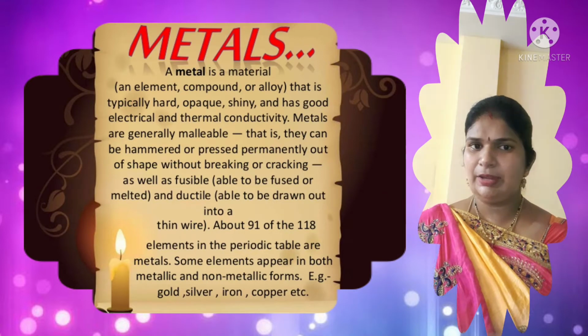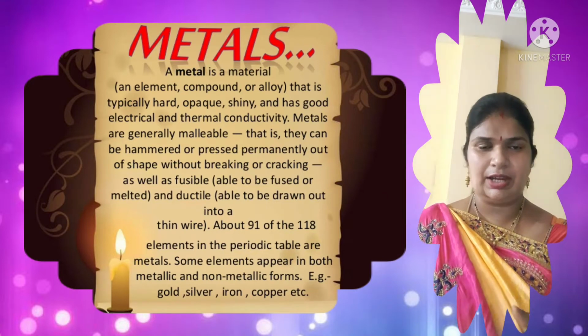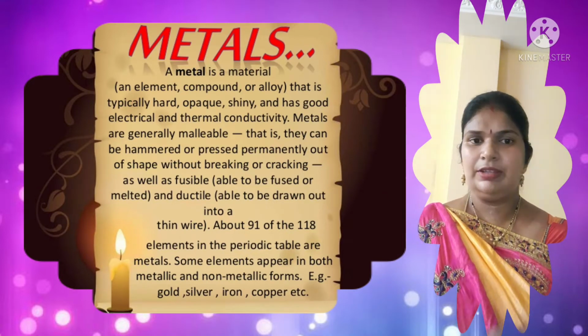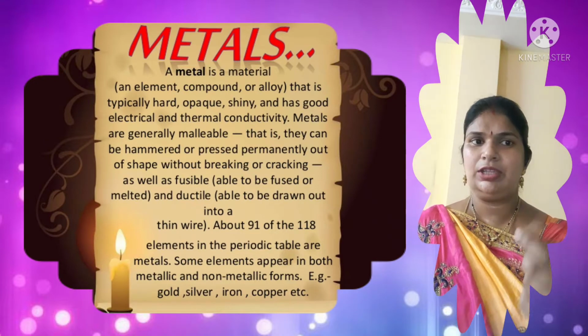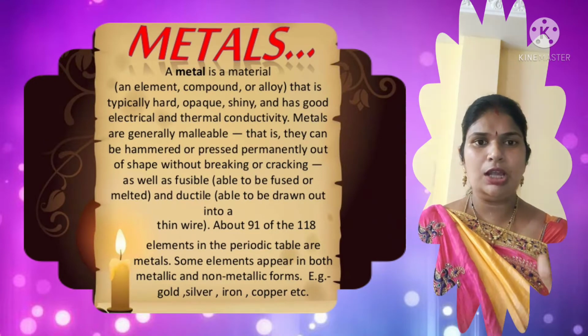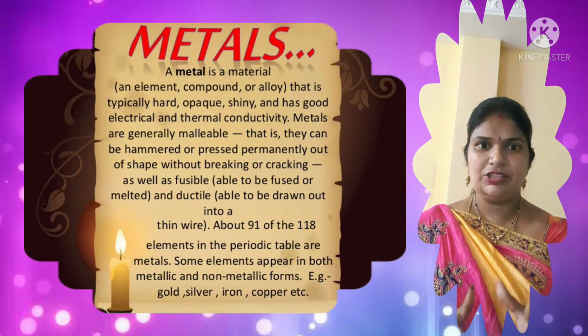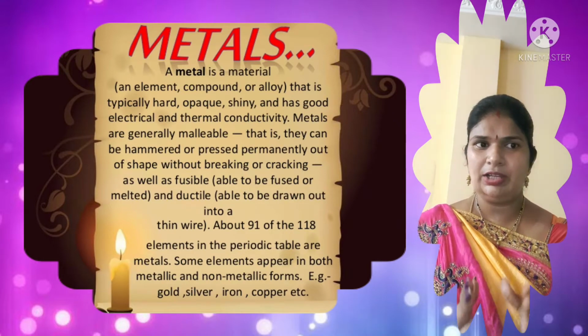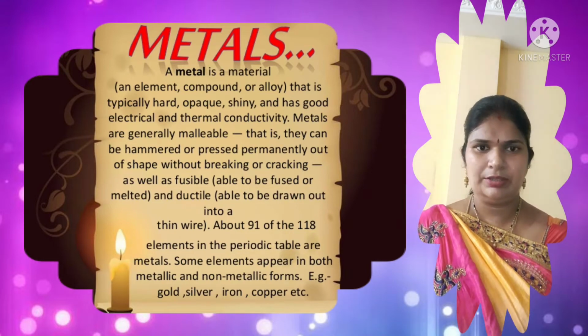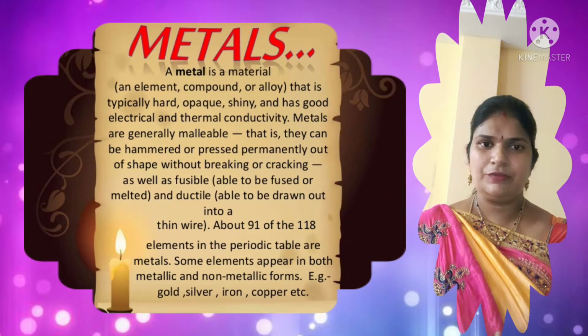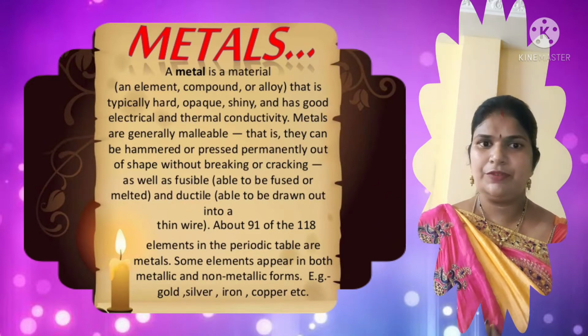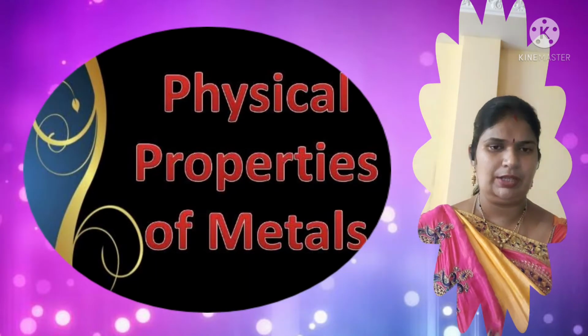In the same manner, metals are ductile, meaning they can be converted into thin wires. So all these properties are used to define a metal. Understood, children? So first we will start with the physical properties of metals.